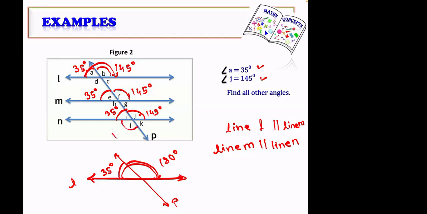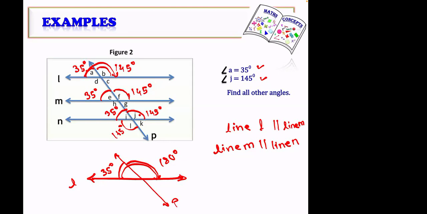As it is a vertically opposite angle of J. Okay. So that's why it is 145 degrees.